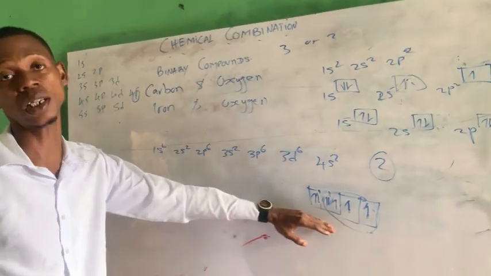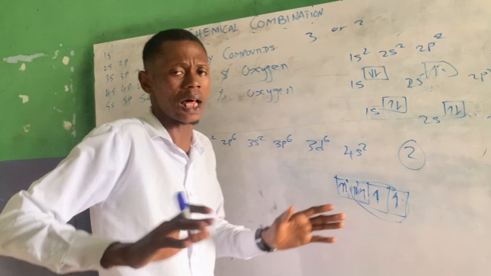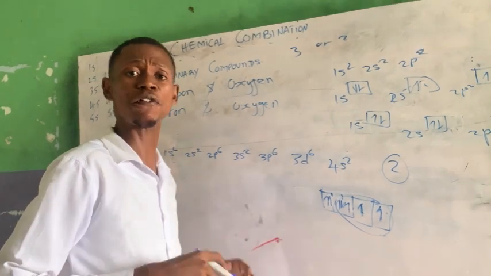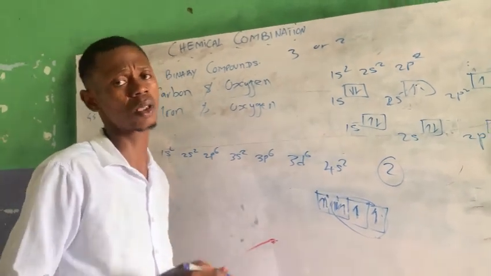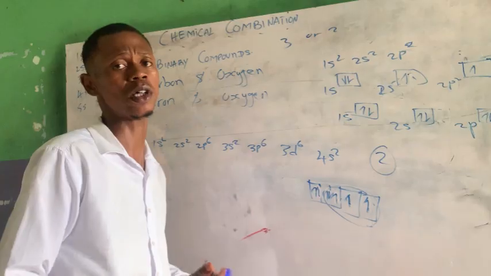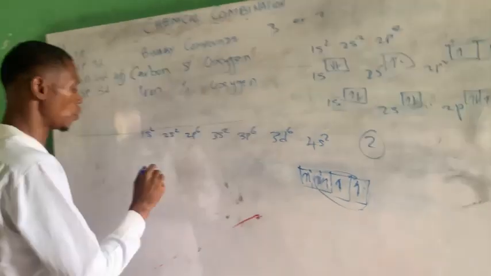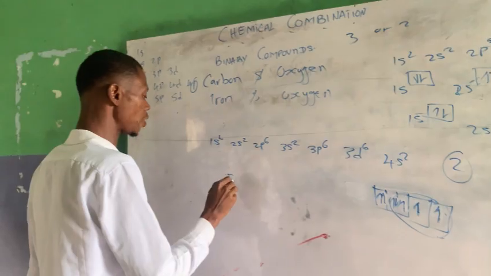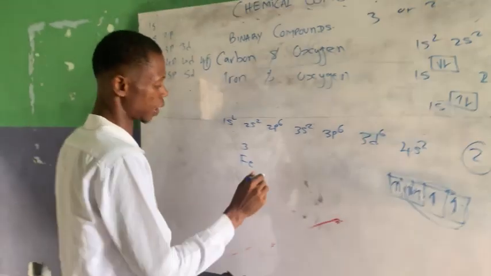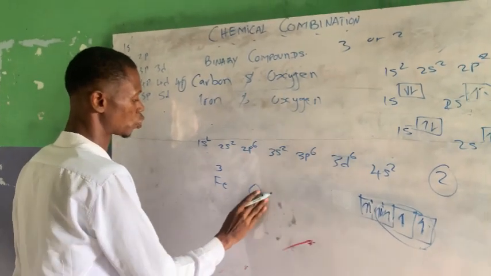But this iron valency does not only occur like that. When you bring them into the environment, we will get iron oxide. So for iron, if it's using valency 3, and oxygen 2.